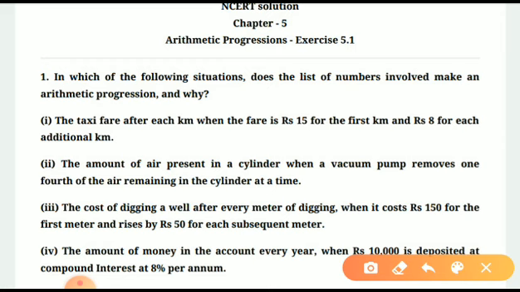We don't know how much amount of air it is, so let the total amount initially present be V.